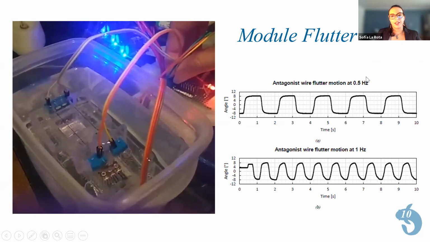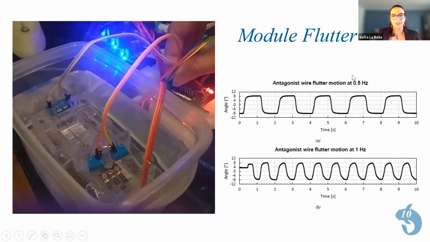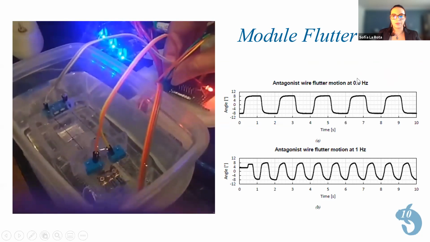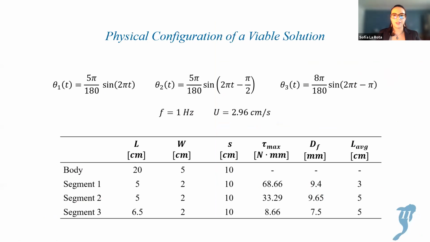Now, using an iterative design process between this mechanism synthesis and the modeling explained previously, we arrived at the physical configuration of a viable solution, not necessarily the best solution, just one possible viable solution, which contains the three movements of the tail segments for a frequency of 1 Hertz and an approximate swimming speed of 3 centimeters per second.